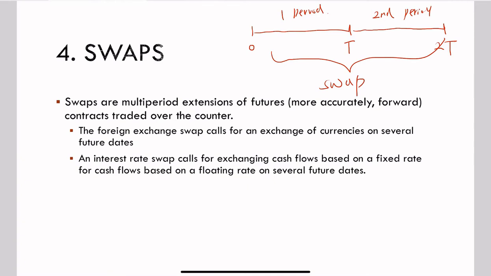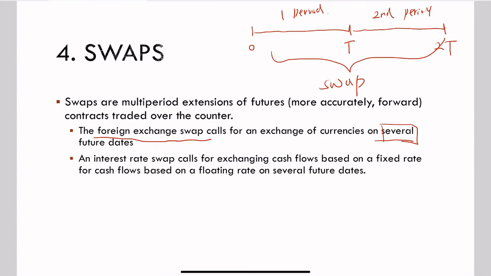Okay. So there are basically two kinds of swaps. The first is the foreign exchange swap. It is about exchanging one currency for a different currency on several future dates. You can see that the key here is several, because it's a multiple period futures contract. So you have to exchange for several different periods.